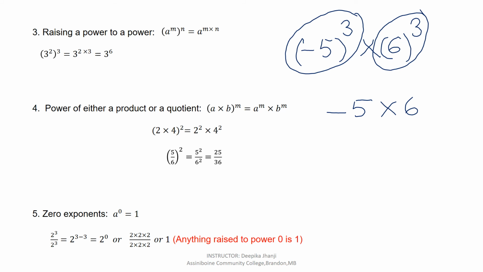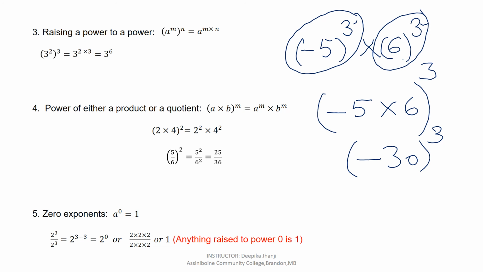I can combine the bases only because I have the same powers. So it becomes negative 5 times 6 and the exponent becomes the common exponent. Now it's easy to calculate. You are using just one step to calculate the exponent, right? So negative 5 times 6 is negative 30 and then exponent is 3, right?